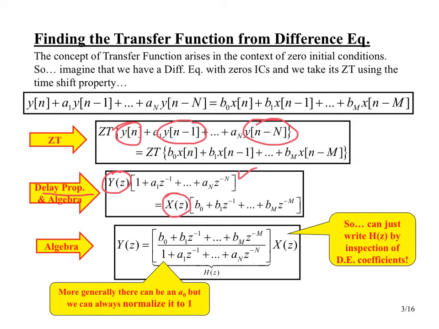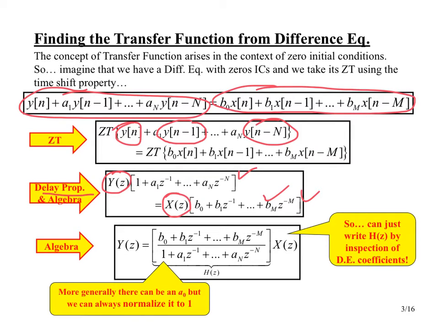So I end up with a polynomial in z inverse, and another polynomial in z inverse. Notice that one of those polynomials has the coefficients of the output side of the difference equation, and the other has the coefficients of the input side.